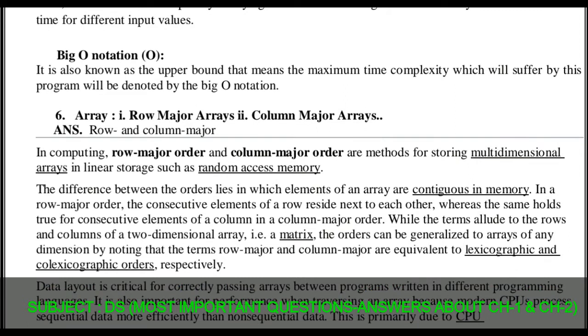The sixth question is row major array and column major array. In computing, row major order and column major order are methods for storing multidimensional arrays in linear storage such as random access memory.